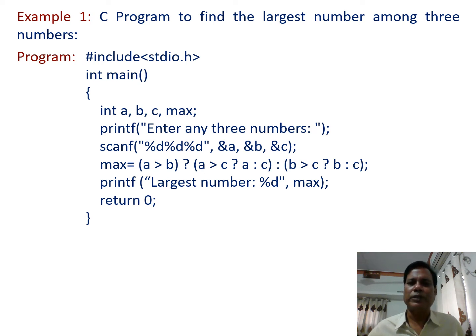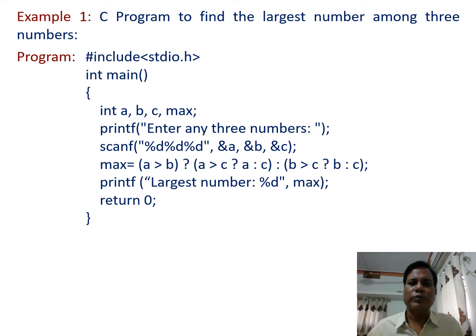So this becomes an example of a nested conditional operator. Depending on whether the conditions are true or false, the conditional operator nested in expression 2 or in expression 3 is executed.